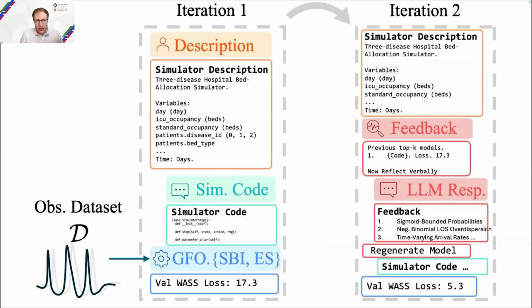And normally this is non-differentiable and stochastic, so we can't just use our favorite machine learning optimization frameworks to fit these parameters. So we have to choose between two gradient-free optimization methods. In this case we propose simulation-based inference, which we'll go into. And another version is evolutionary strategies, which can both optimize non-differentiable loss functions.